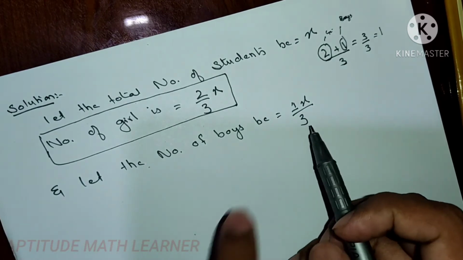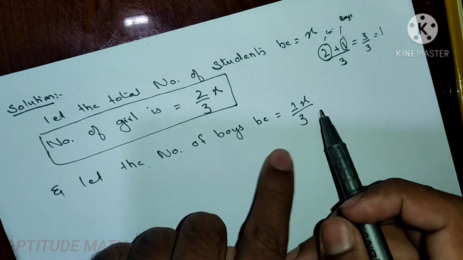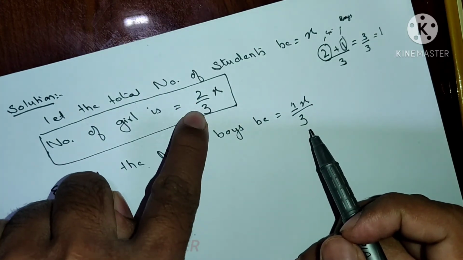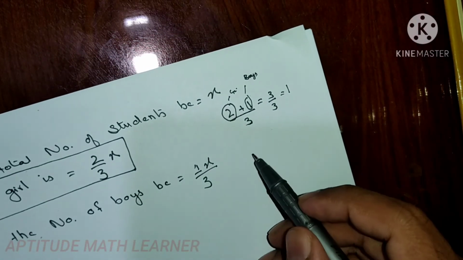So 1 means 1 for boys and 2 for girls. So how much does it become?